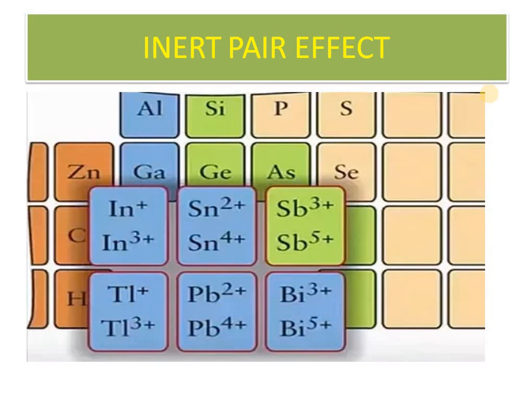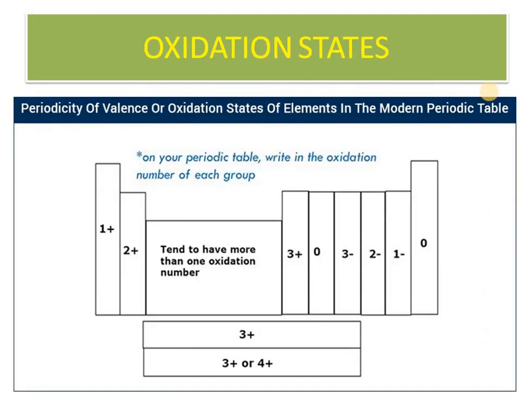So both oxidation states are possible, but as you go down a group in the periodic table, the +2 oxidation state will be more stable than +4 due to the inert effect. This type of question can be asked in your exams.